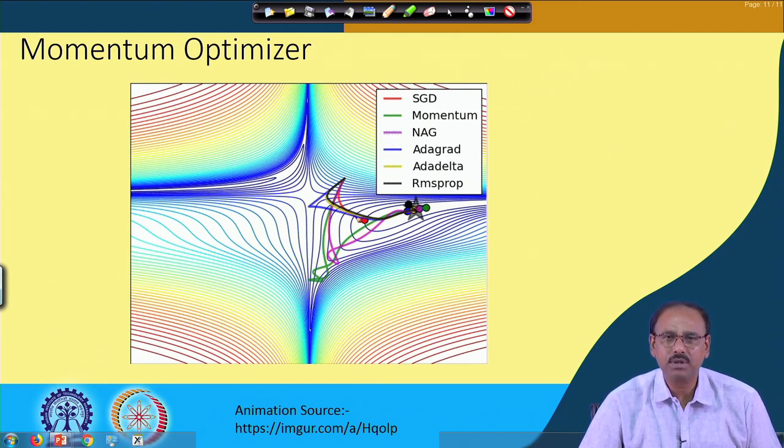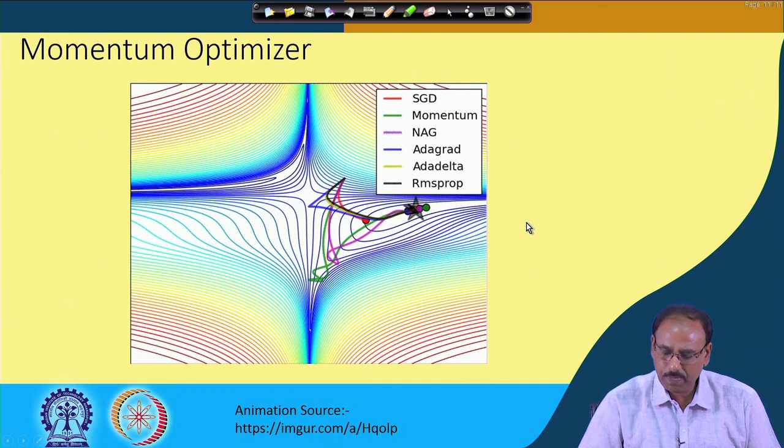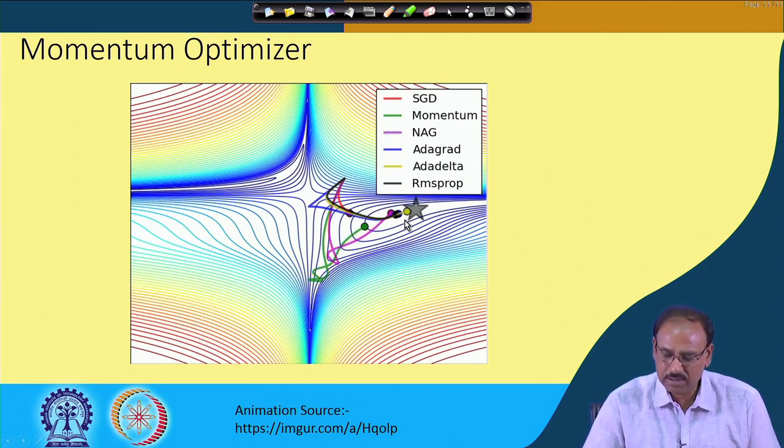The blue one gives you the momentum. Then you have NAG, Nesterov accelerated gradient operation. Then you have AdaGrad. Then you have AdaDelta. Then you have RMSProp. So you find over here that the SGD is still converging, whereas the other algorithms have already converged.